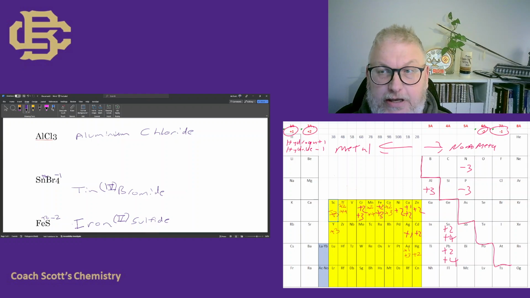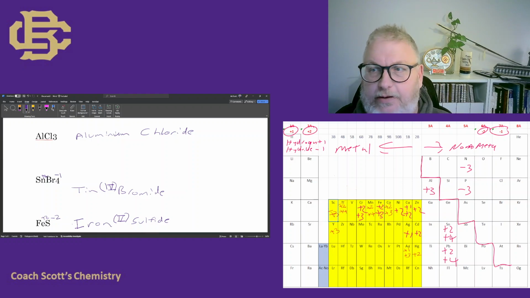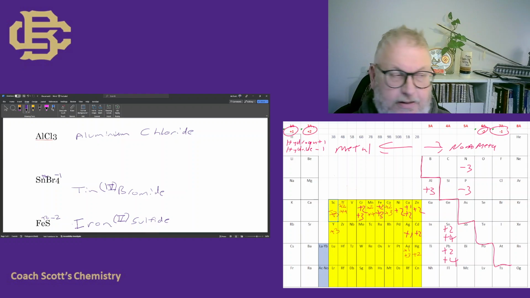Those you have to use a Roman numeral so you know what the charge is in that particular formula. Several of these transition metals that are below that heavy line will have multiple charges. So there you're going to have to use a Roman numeral so we know what we've got. Okay? Write these down. You can use this and it's quite okay.